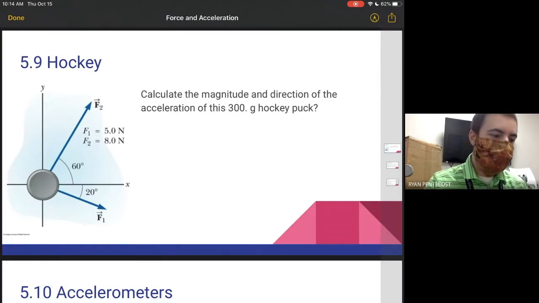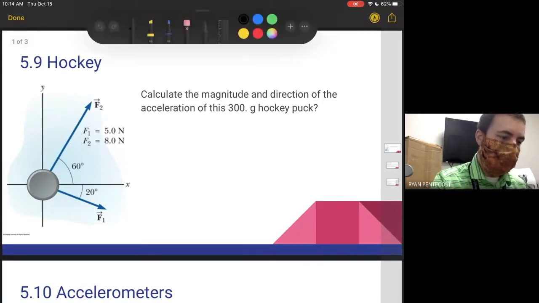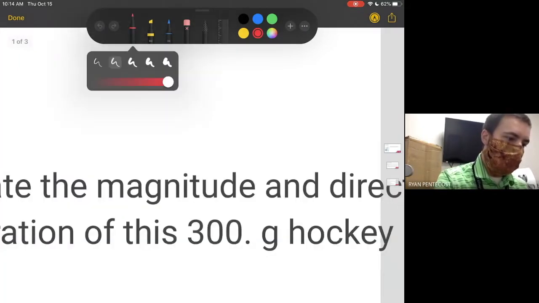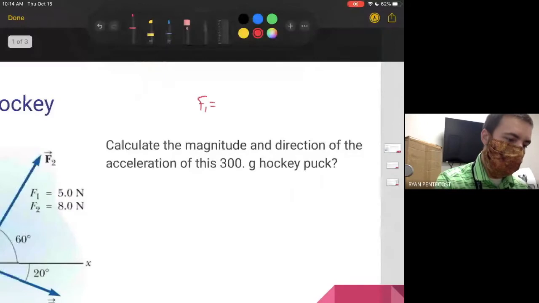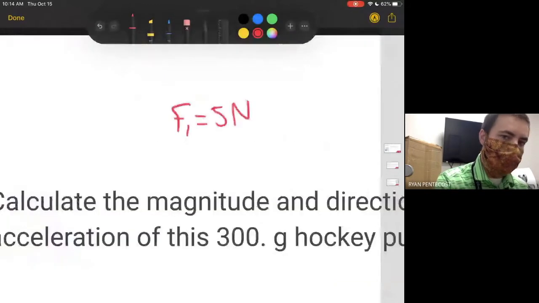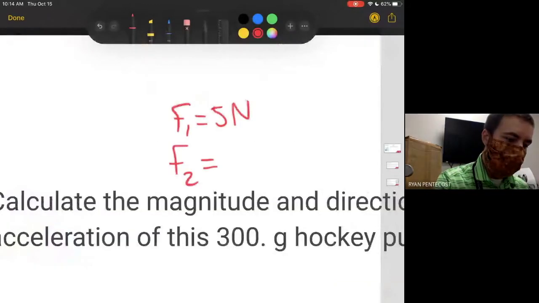So what we'll do first is we will look at the forces, right? We have F1. Let's get our givens somewhere. Let's put them up here. So we've got F1 equals 5 newtons, and F2 equals 8 newtons.